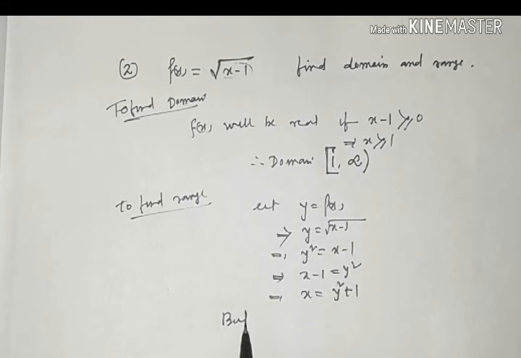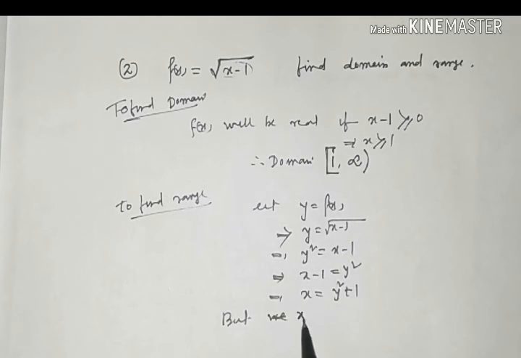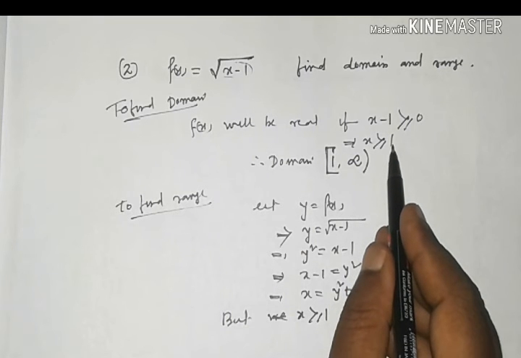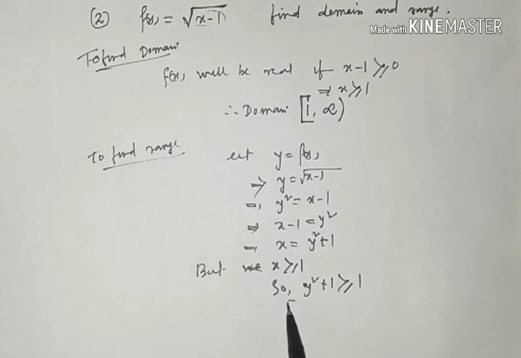But in the domain, x is greater than or equal to 1. Since y² + 1 is equal to x, therefore y² + 1 is also greater than or equal to 1.